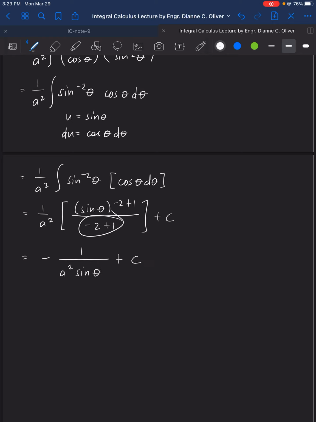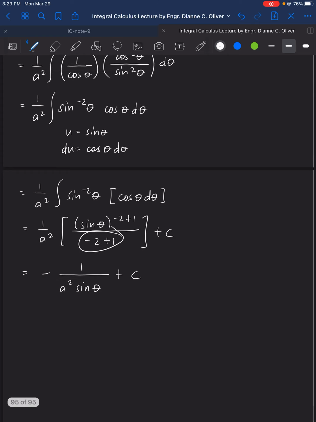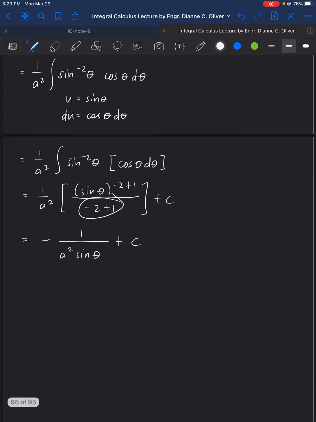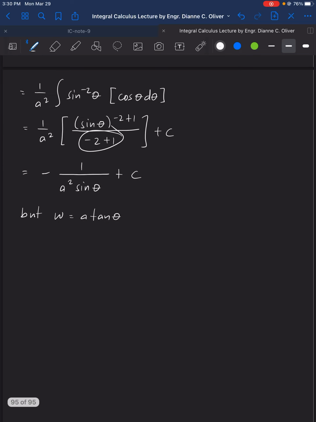That's not yet the final answer. So let's use the space here. But omega or W is equal to a tangent theta. And we have here tangent. So in the SOHCAHTOA, we have TOA.